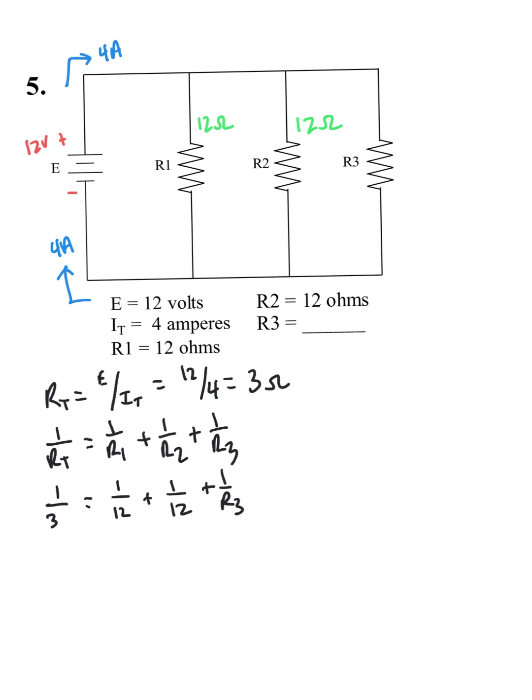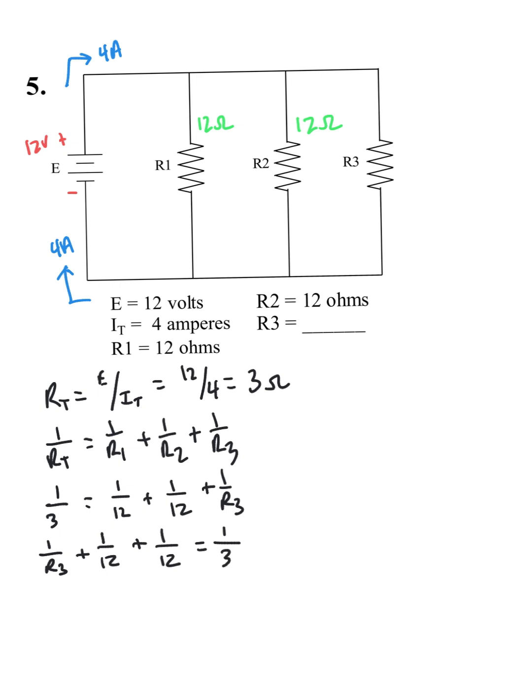Now, what I want to do is I'm going to flip things around here. I'm going to put 1 over R3 plus 1 over 12 plus 1 over 12 is equal to 1/3, like this.